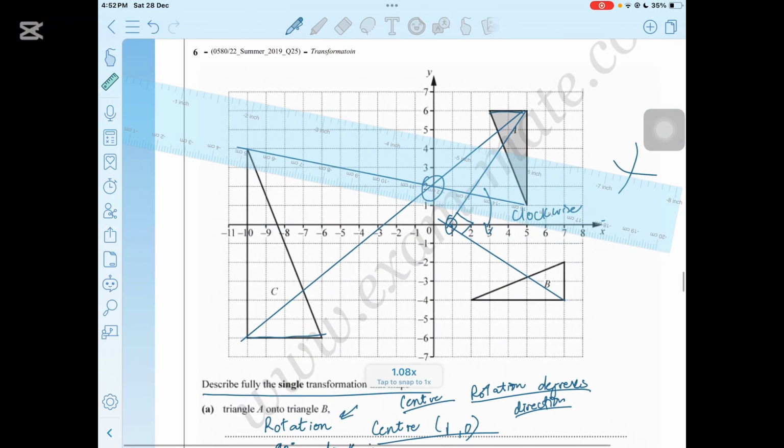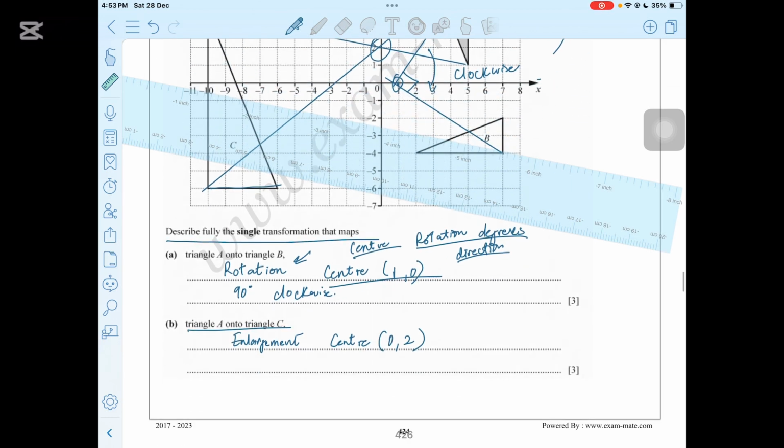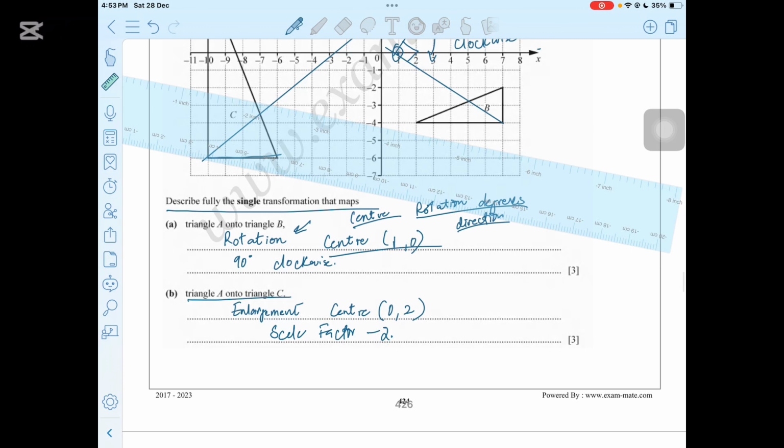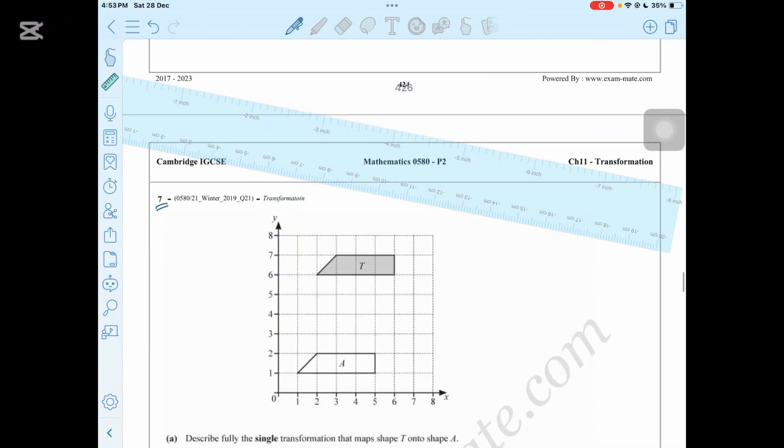But the image is actually tilted, so it would be a -2 scale factor. We have a scale factor, we have the center, this is all done. Moving on to question number 7.